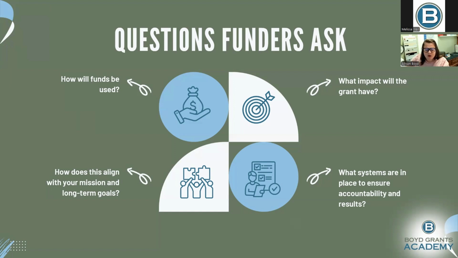For general operating, you're going to explain to your funders how their investment contributes to measurable growth and long-term sustainability. This includes your financial controls and your operational systems to ensure the organization remains effective and financially sound.